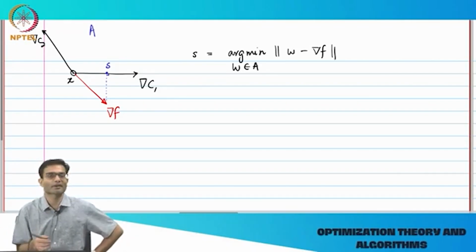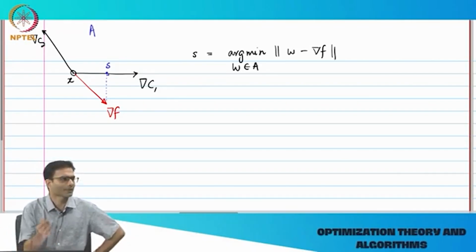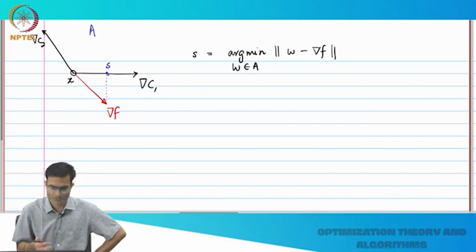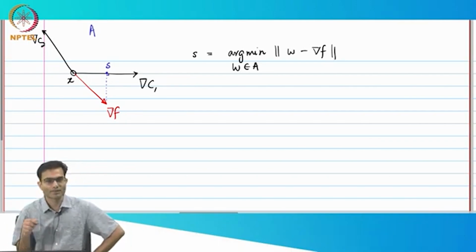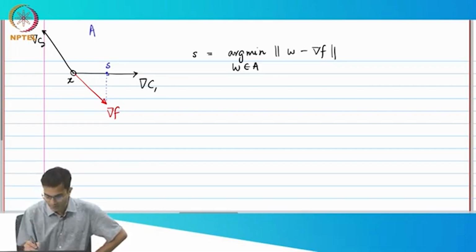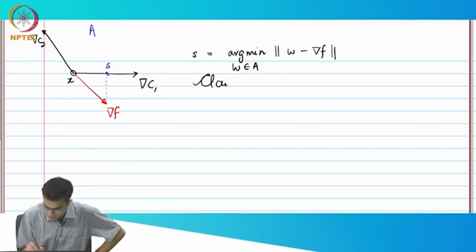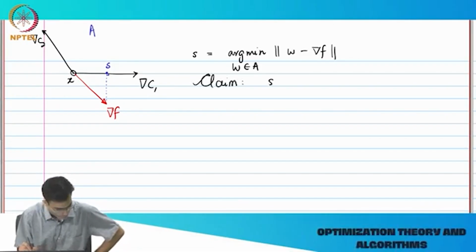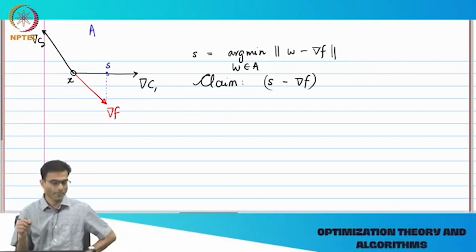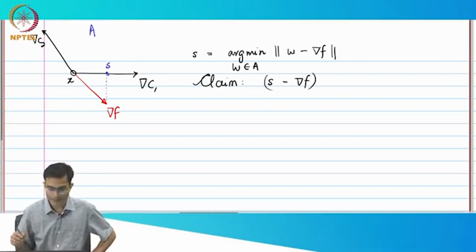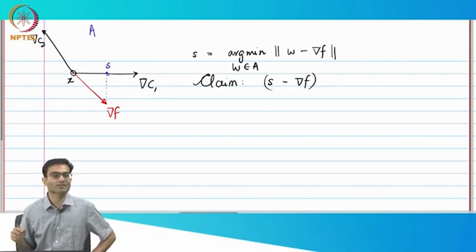Okay. So it looks a little arbitrary that I started with grad f, and suddenly I've proposed this projection point, but there's a reason I'm doing this. The claim is, if I look at this new vector S minus grad f, which way will S minus grad f point?